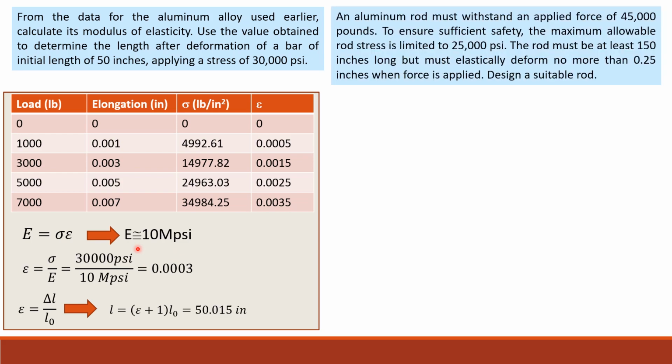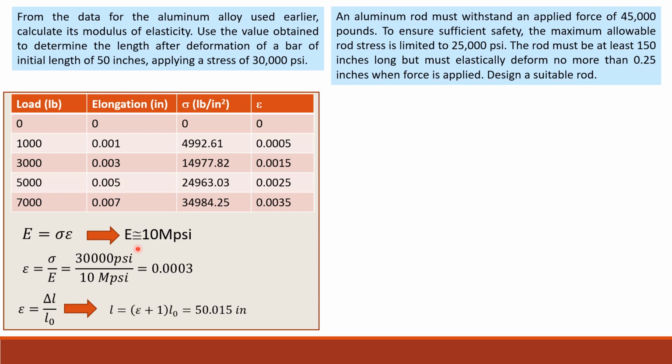Imagine now that a rod must withstand an applied force of 45,000 pounds. And to ensure that we are in a low risk regime, I mean that we are safe enough, the maximum allowable rod stress is limited to 25,000 pounds per square inch.